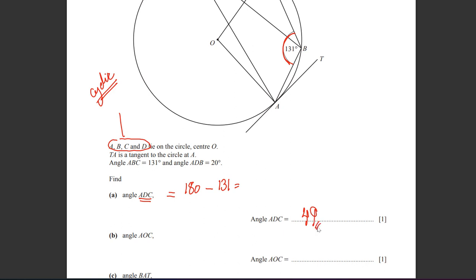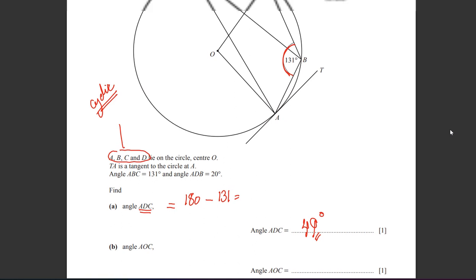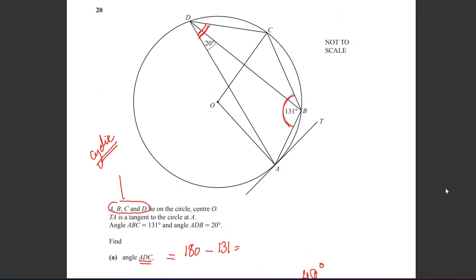Then angle AOC. Whenever he is asking about a central angle, go and search for a circumference angle sharing the same arc.